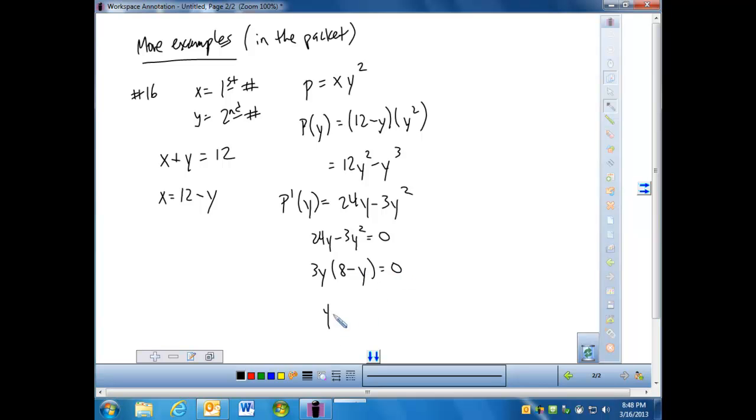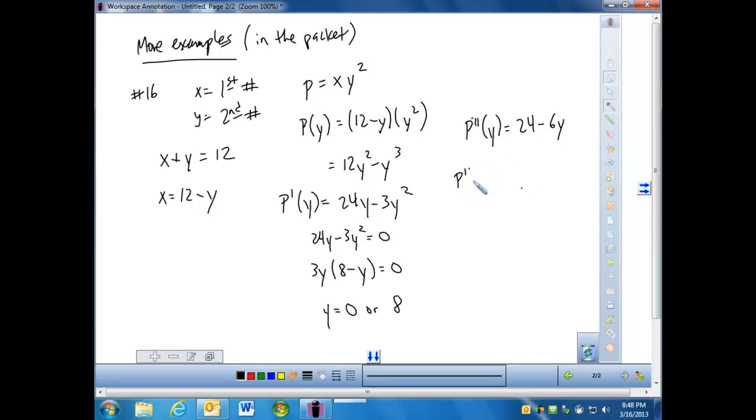Now you might be able to kind of look at it and figure out which one the right answer is right now, but if I take the second derivative of this function, I get 24 minus 6y. If I plug in my two values, plug in 0 first, and then plug in 8 and figure out what those answers are.